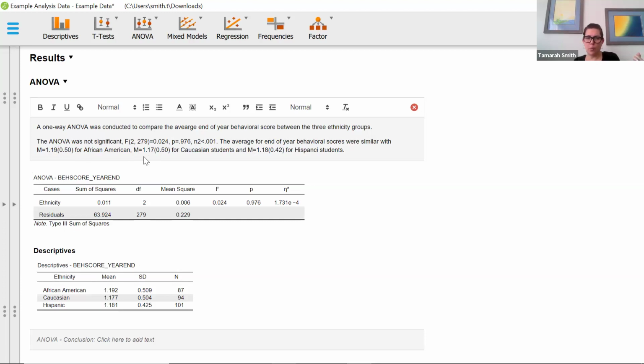The next group, 1.17, that was their average, M equals. I put the standard deviation right next to it in parentheses. And the third thing, same format, M equals, and then the standard deviation right next to it in parentheses. All right, so that we can see, sorry, I won't catch all these typos, but I'll try, so that we can see that they're all very similar to each other.